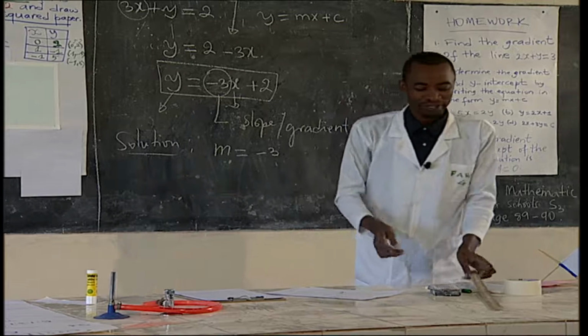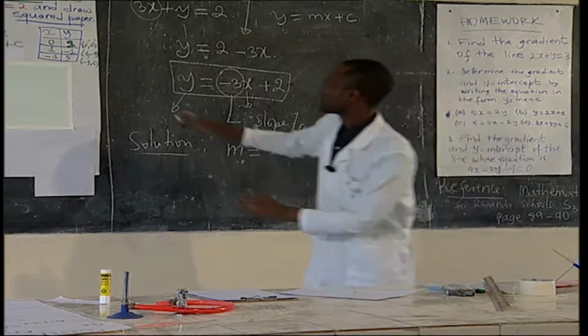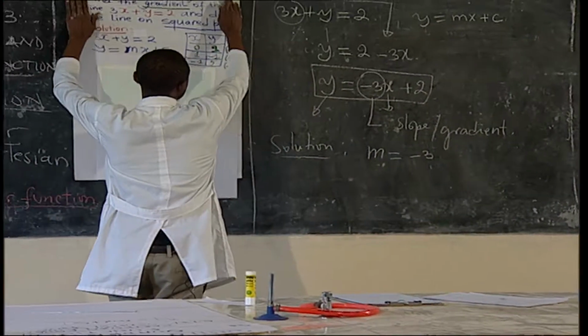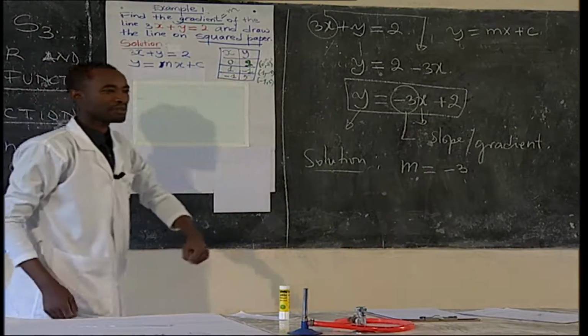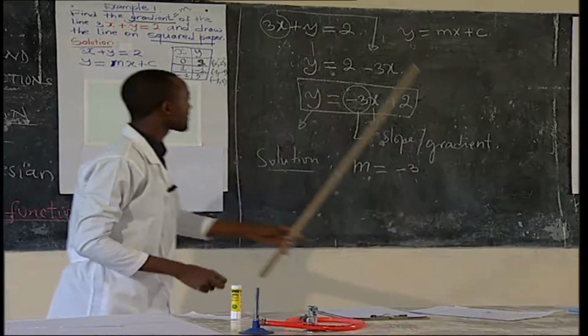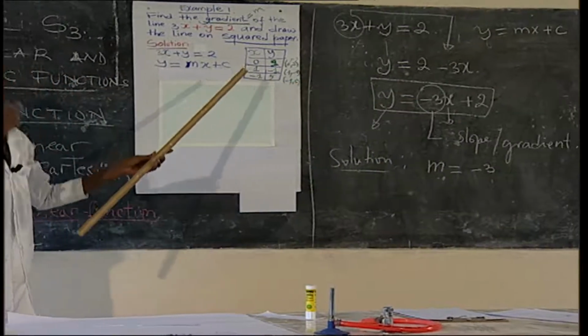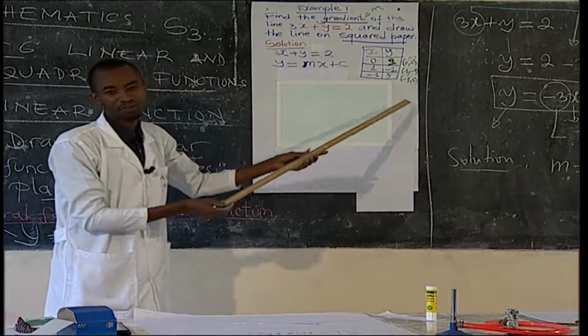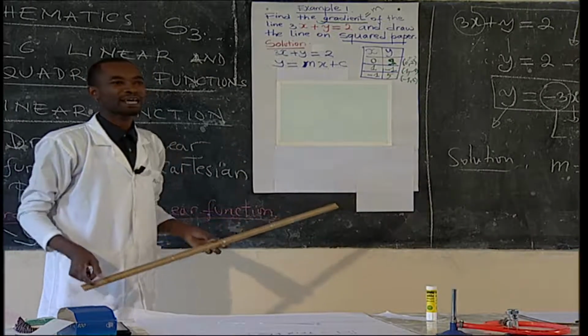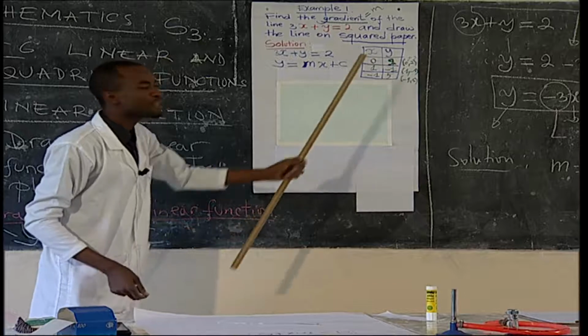Here you go. How do we do this? As you can see, we may use a table. You see this table? This is a table that we always use when we want to find the coordinates of the points that can help us to draw a line. But let's find them together.